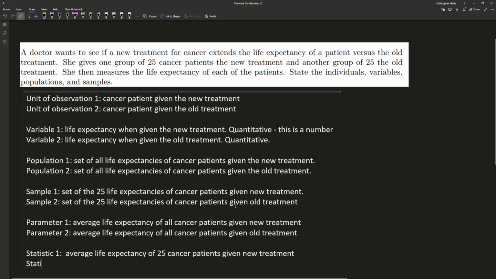And statistic 2 is going to be an estimation of parameter 2. It's going to be the average life expectancy of the 25 cancer patients given the old treatment.